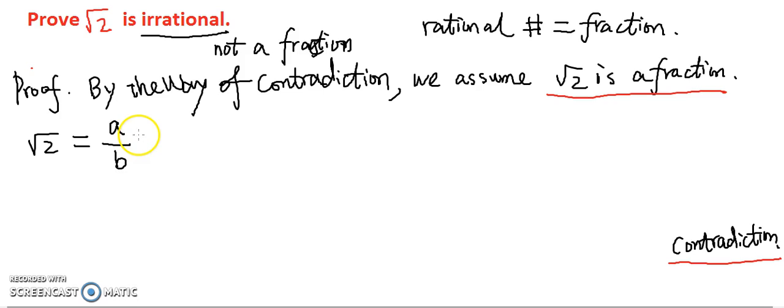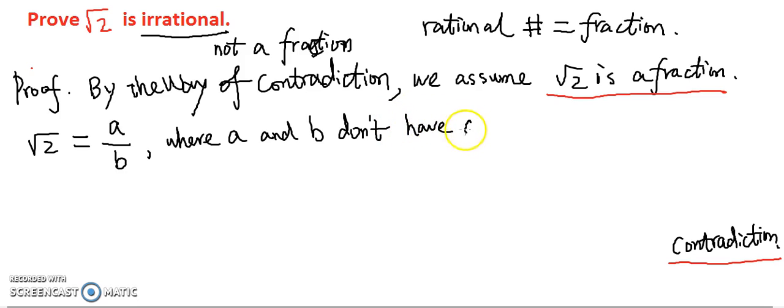But we can use the way of writing fractions. We use a and b, and we also assume a and b are relatively prime. When we say relatively prime, it means a and b don't have any common factors. You should have learned common factor and greatest common factor in algebra class.